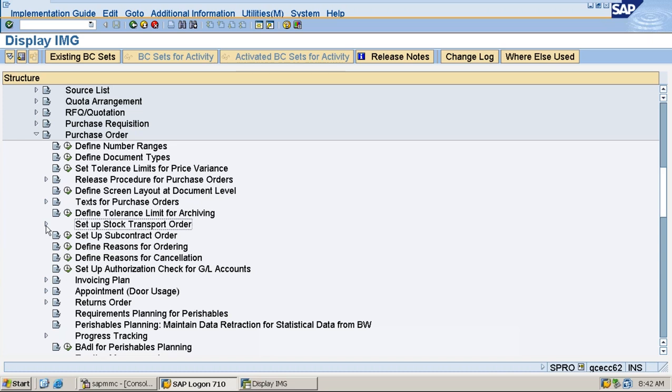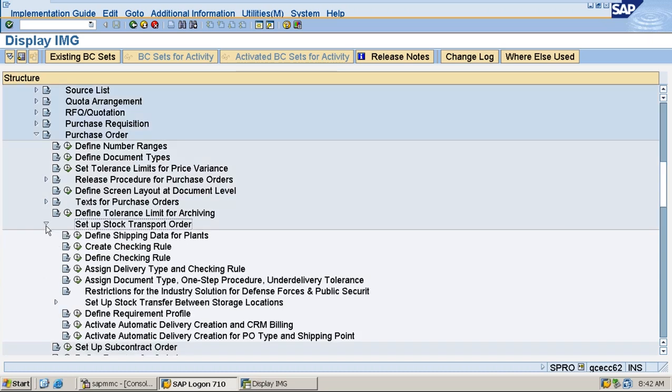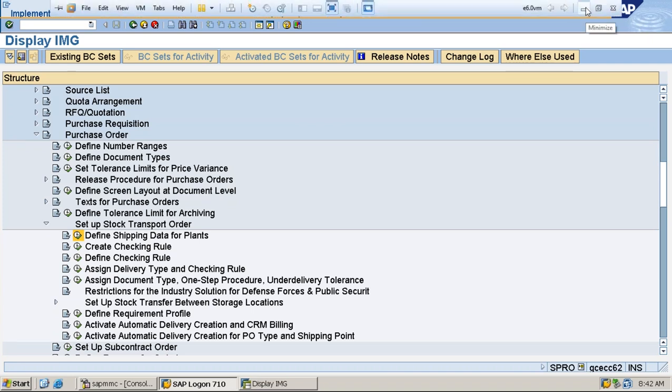So just go to this node. Here you see, Define Shipping Data for Plants. In this you will create the supplying plant and the receiving plant as a customer in the supplying sales area. That is the first step, the master data configuration.